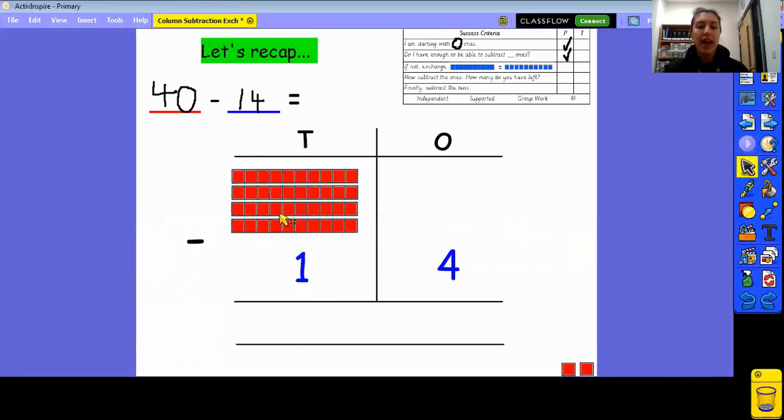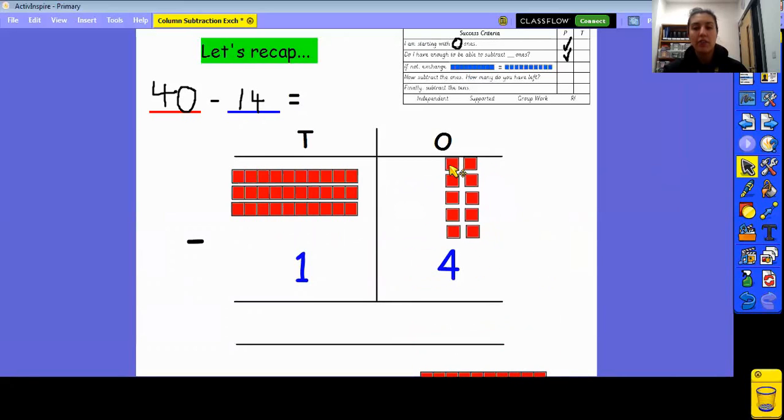I've got 4 tens as part of my number, so I'm going to regroup these tens into 10 ones. That means I've got to make an exchange because my 10 can't go in my ones column. I have to change it for 10 ones.